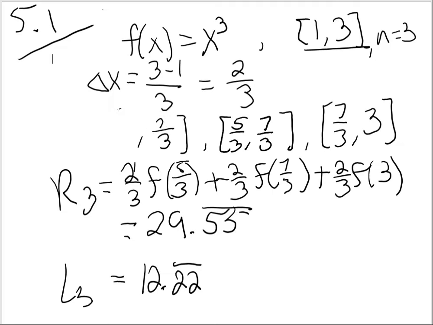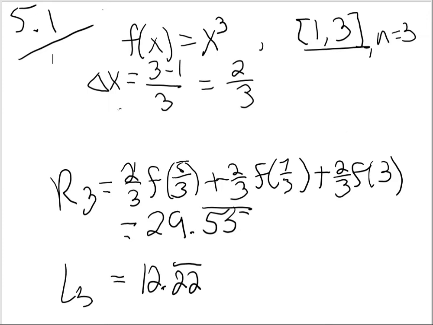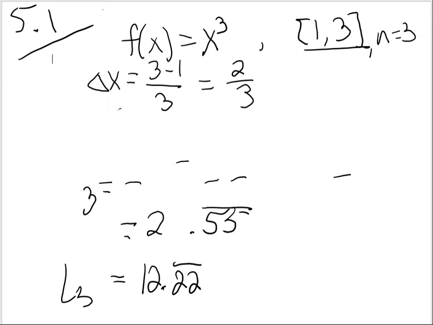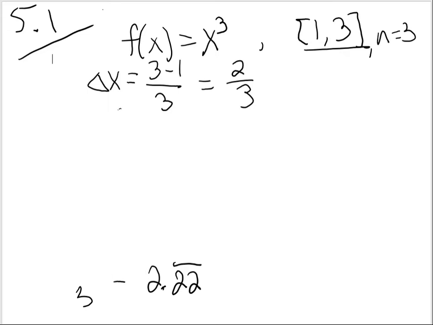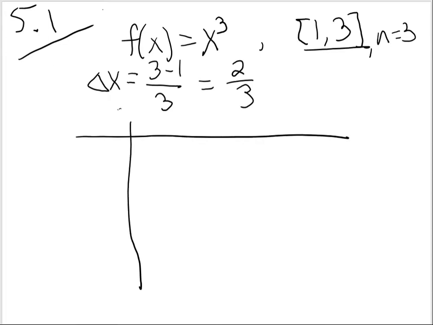Okay, so let's make this into a table, because this is one approximation. We could try to increase the number of rectangles, and that will give us a better approximation.